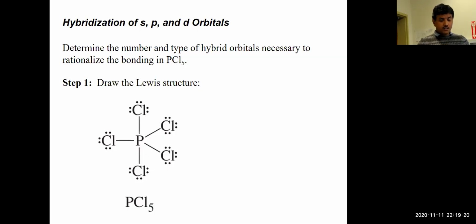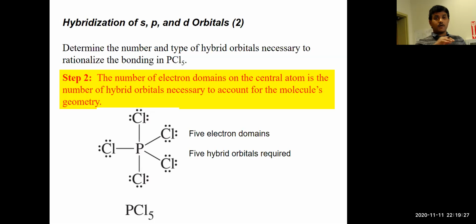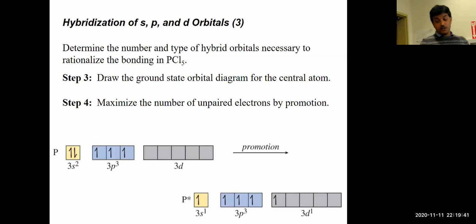So draw the Lewis structure. To draw the Lewis structure, find how many electron domains there are, so that it tells you how many hybrid orbitals you need. There are 5 electron domains, so you're going to need 5 hybrid orbitals. Remember, phosphorus has only 3 single electrons and a lone pair, which means we have work to do.